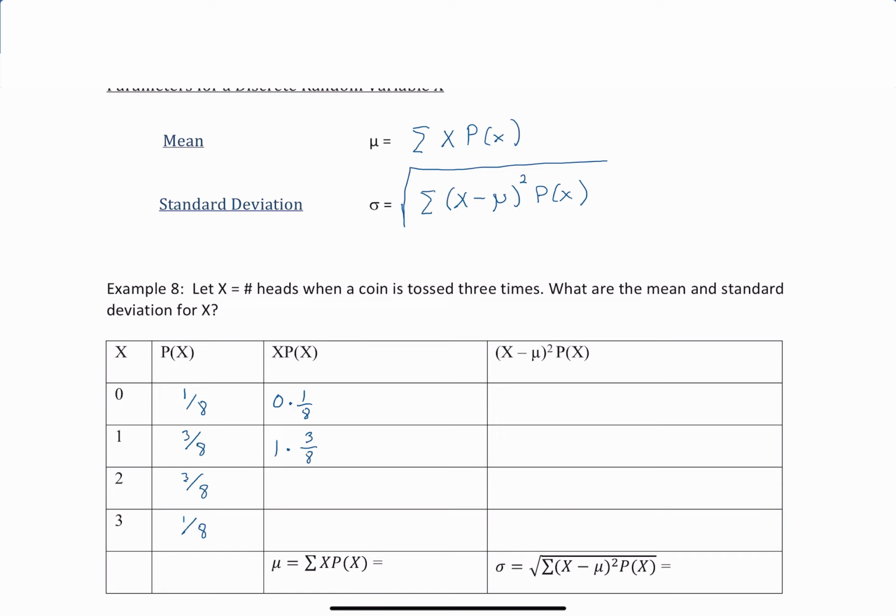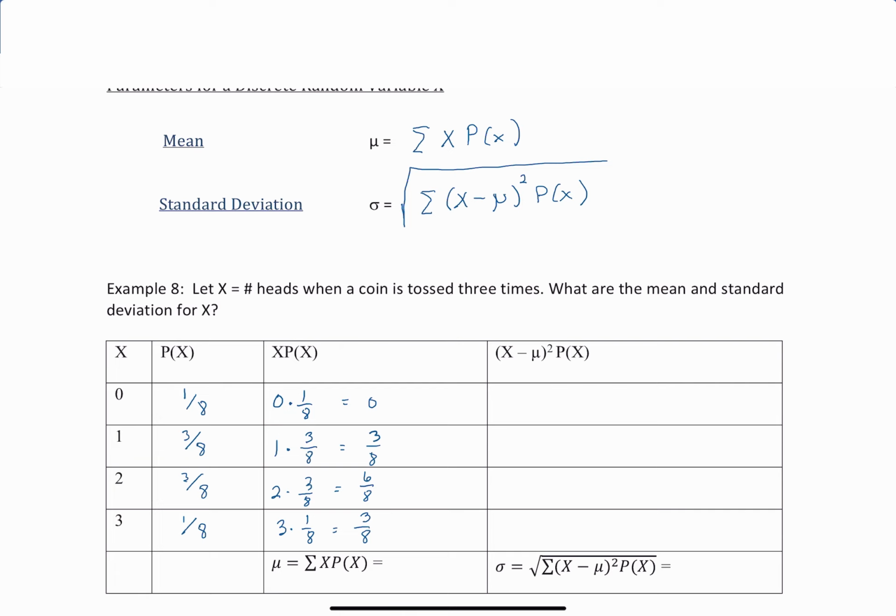So I'll have then 1 times 3/8, 2 times 3/8, and 3 times 1/8. So let's see, that gives me 0, 3/8, 6/8, and 3/8. And then after we have those numbers, we have to add them up.